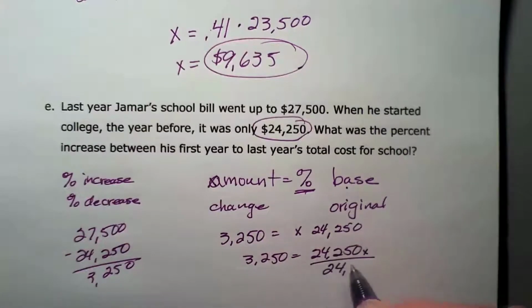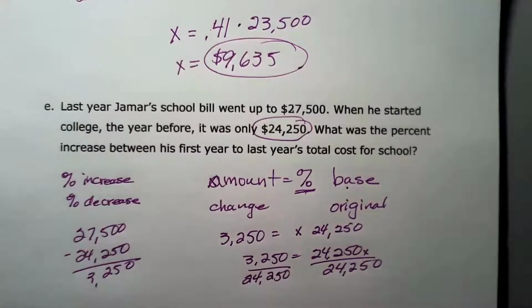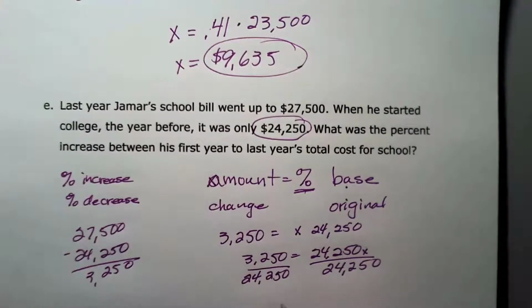And to solve for X, we divide by 24,250. And it comes out to 0.1340 and goes on, equals X. This is a percent. So I'm going to multiply this times 100%.